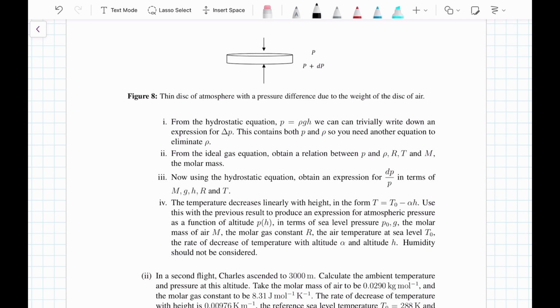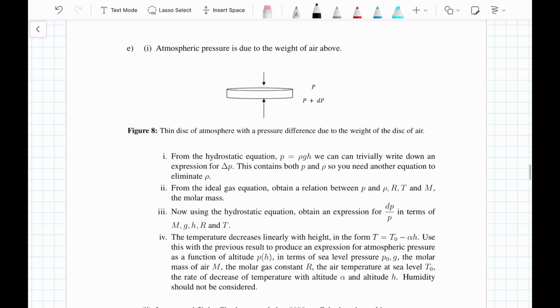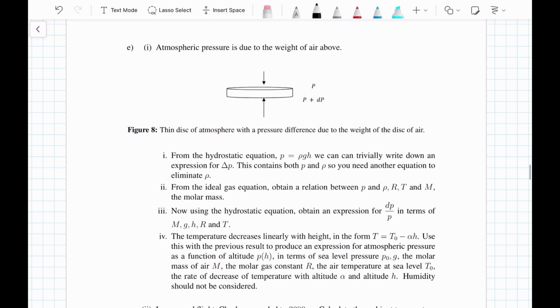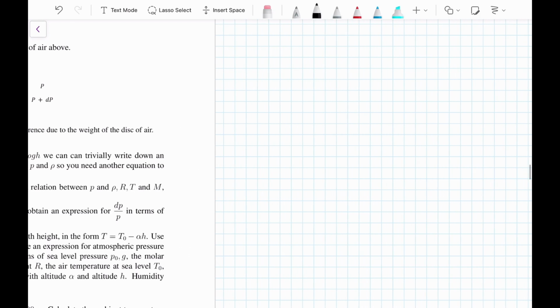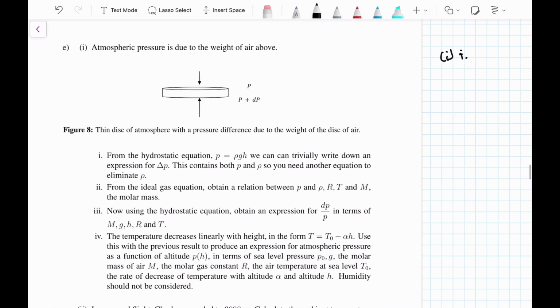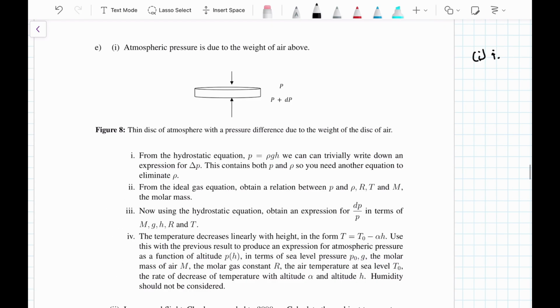From the ideal gas equation, obtain a relation between P, rho, R, T, and M. So these are questions under the first component. Question E1, the first part of question E.